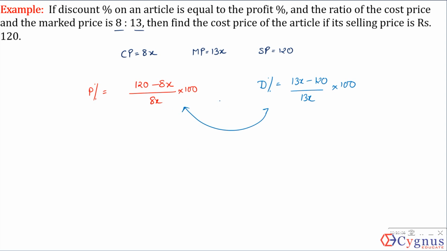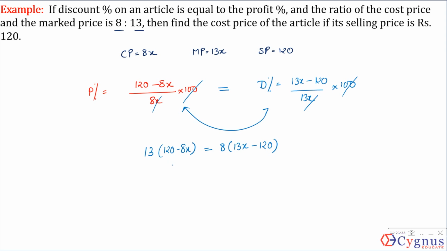When you equate both the values here, this 100 will be cancelled. Yes or no? This x will be cancelled out, and after that you cross multiply. What do we get? 13 into 120 minus 8x is equal to 8 into 13x minus 120. Let's multiply it now.